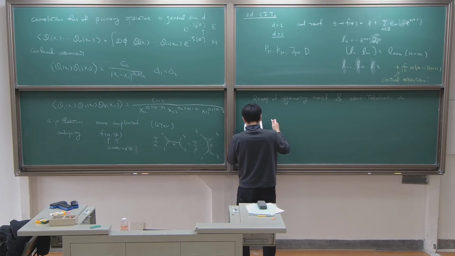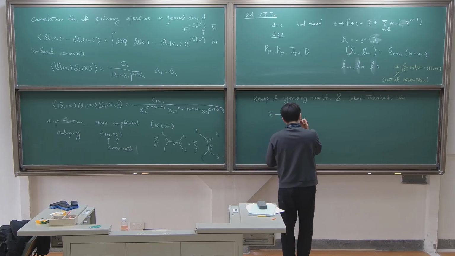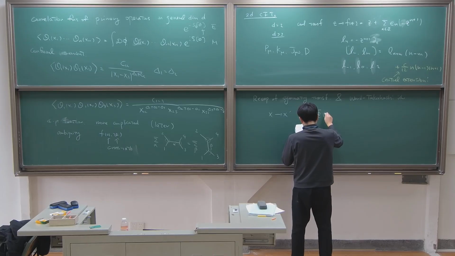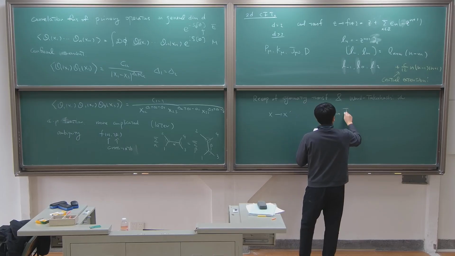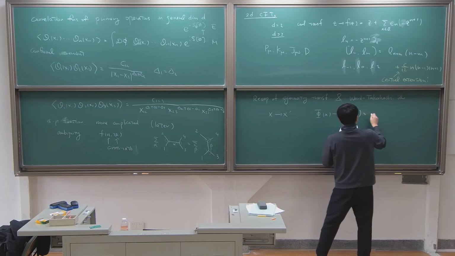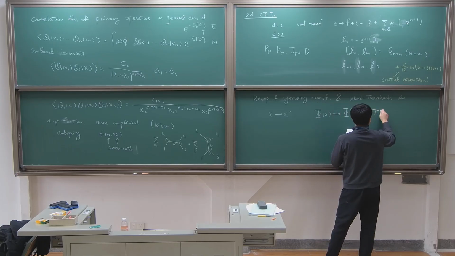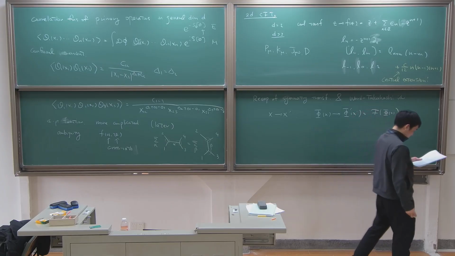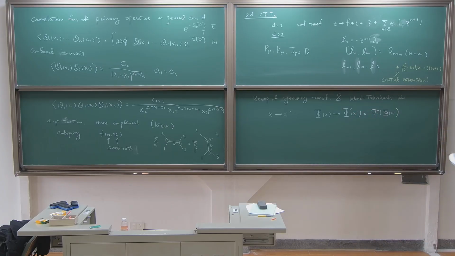So if this field is transformed under a transformation of the space-time, the field is transformed like this way, and then we just consider a vector.